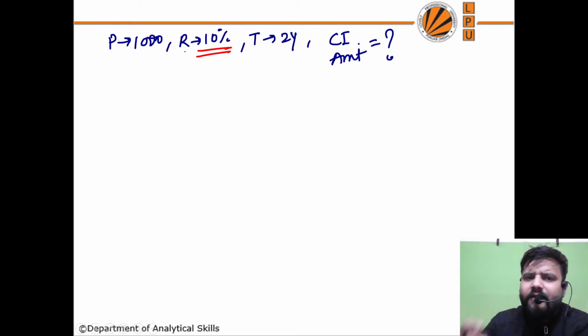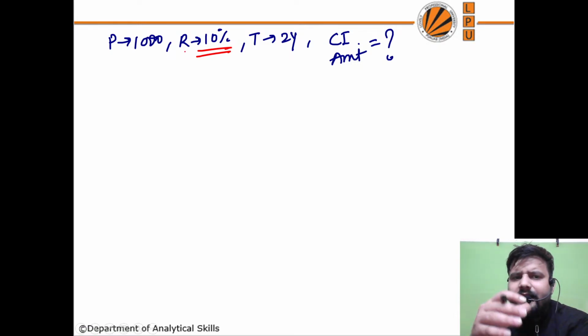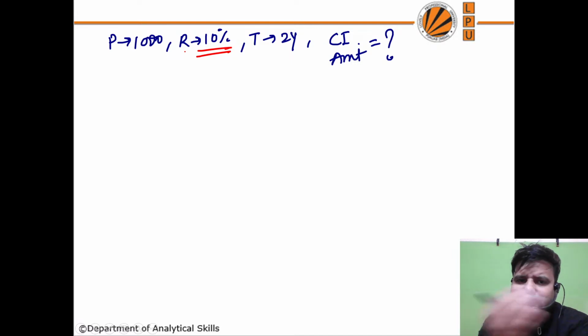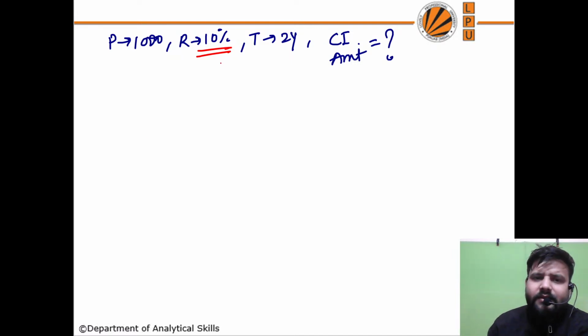It means first this 10% will be applied, then whatever interest we receive will be added into your principal, and that will become the amount of the first year, and that amount of the first year will become the principal for the second year. That's why it's successive. First the first percentage applies, then the second percentage applies. So how many times will 10% be applied? 10% will be applied 2 times.